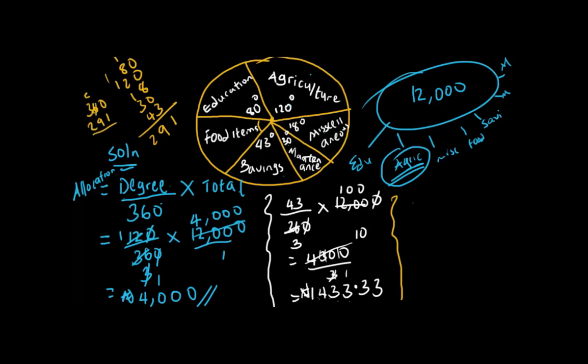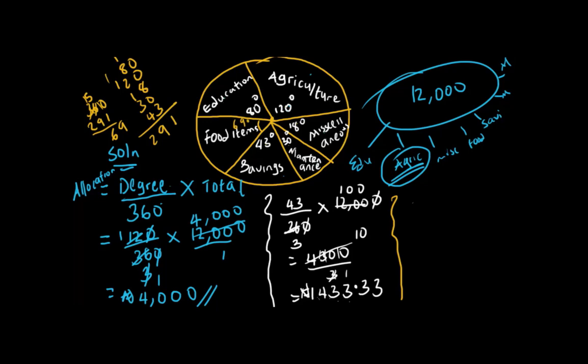So to get the degrees for food item, we do 360 minus 291. Borrow 1, we have 5. 10 minus 1 is 9. Borrow 1, we have 15. 15 minus 9 should give us 6. So it means the degrees for food item is 69 degrees. Does that make sense?